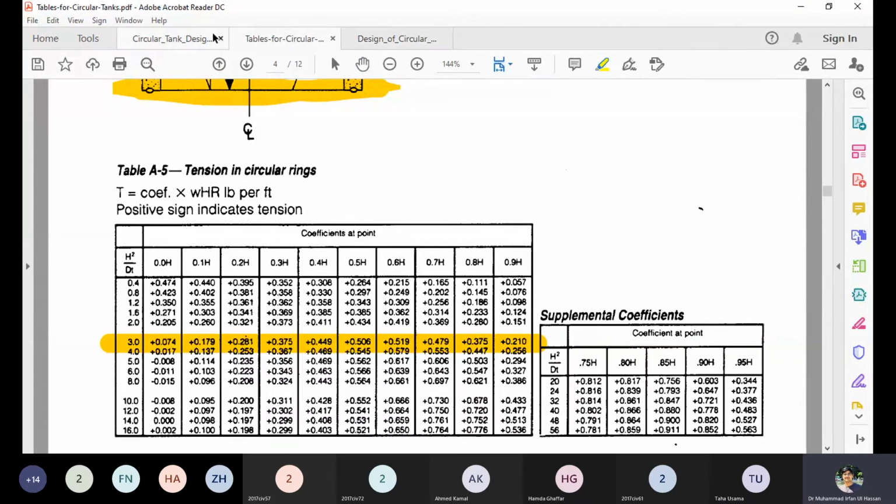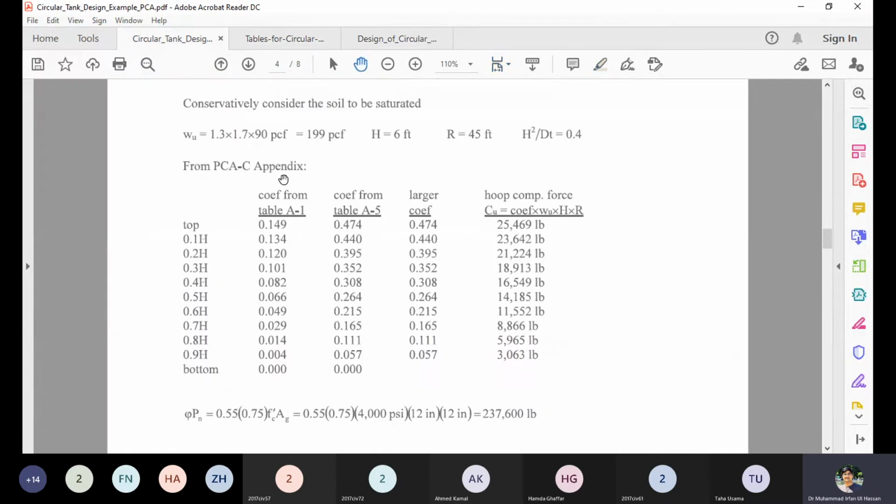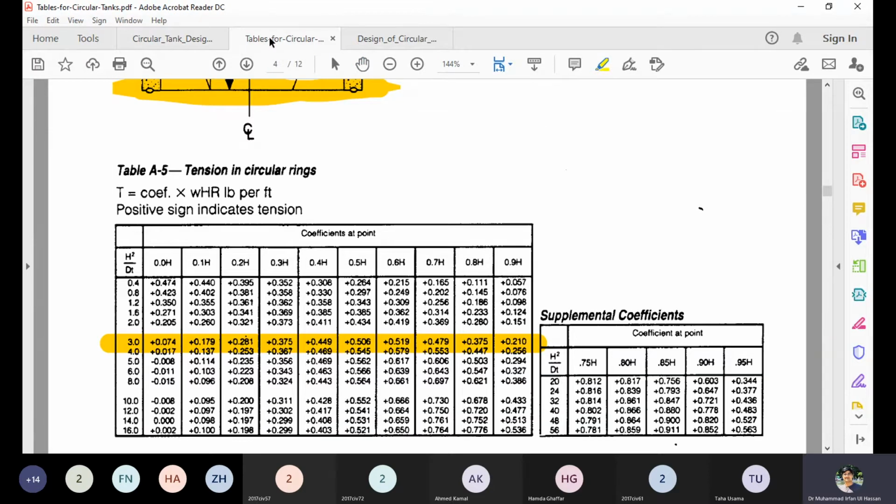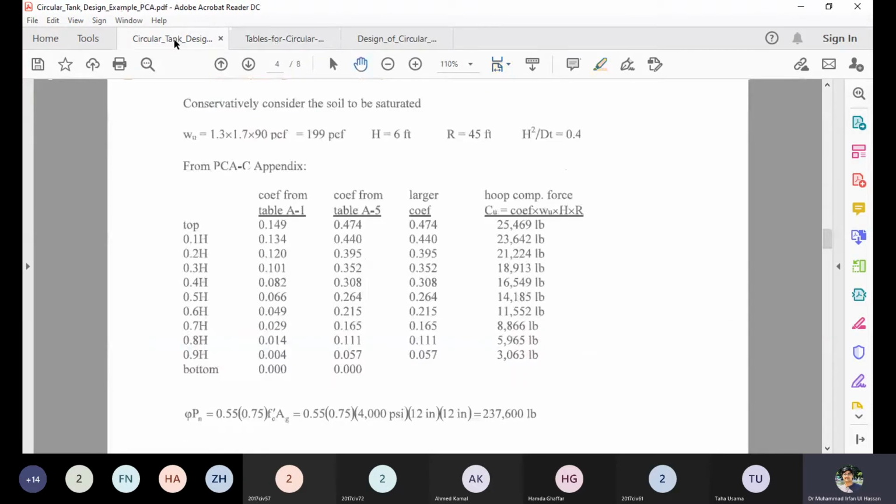For finding the coefficient, at H over Dt is 0.4, these coefficients are taken: 0.474, 0.05.